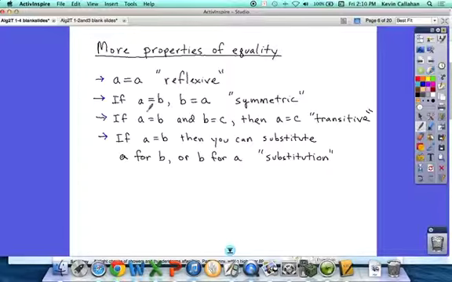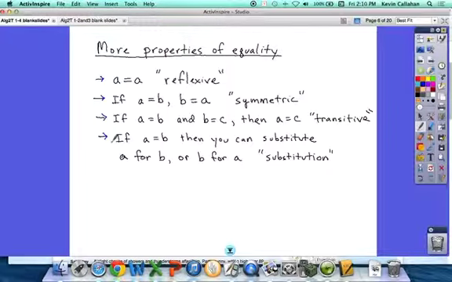The transitive property: if A equals B and B equals C, then it must be that A equals C, right? Because they both equal the same number, B. That's called transitive. And then the last one, which they use a lot, is called substitution property, which we've done at least twice so far already in the homework today.